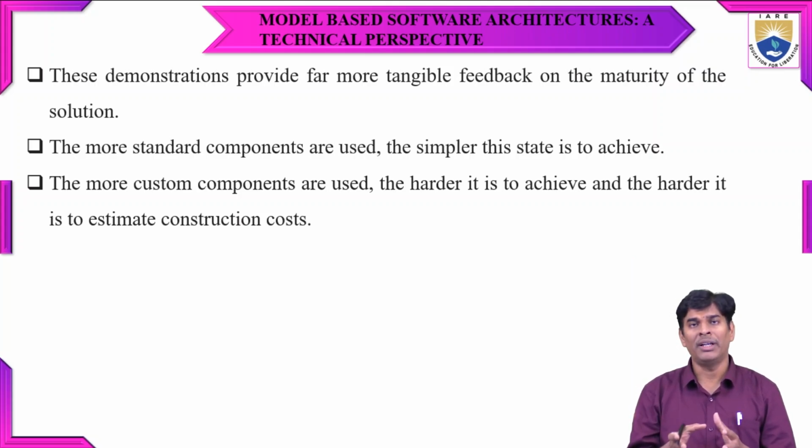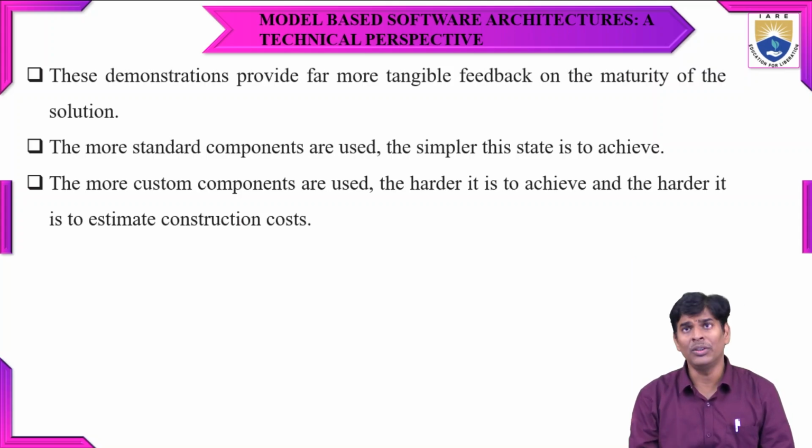Here, while discussing giving demonstrations about software architecture, when they implement standard components, it will be very simple to achieve and implement a good software architecture. When they do not use sufficient custom as well as commercial components, the cost may double. When they use more custom components, the harder it is to achieve.